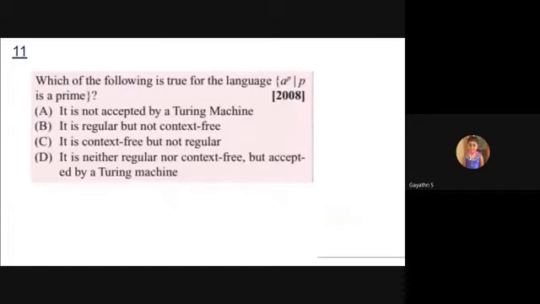Which of the following is true for the language A power P where P is a prime? Kindly recall the closure properties of previous languages and post your answer.